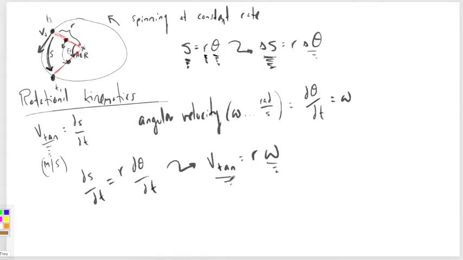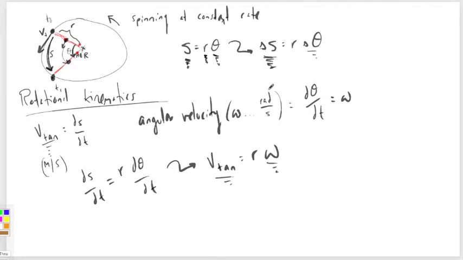All right, so where are we? We're talking about two different perspectives we can take for rotating objects. We can take the perspective of worrying about the linear position change per time, the time derivative of change of position. That would give me the tangential velocity. Or I could talk about the angle swept out as time goes on, and that would give me angular velocity, radians per second. How many meters per second is the particle actually traveling?